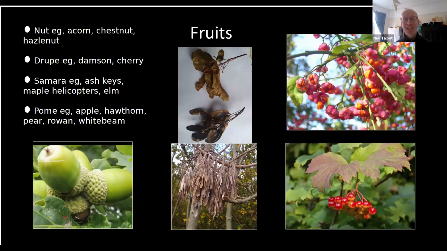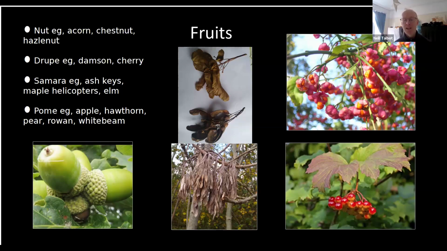So things like maple helicopters, which is the middle top picture, and the middle bottom picture, which is ash keys, but I'll talk about those a bit more when we talk about those species. Things like elm as well will have those. So you might see the elm flowers or keys sort of late summer, autumn.